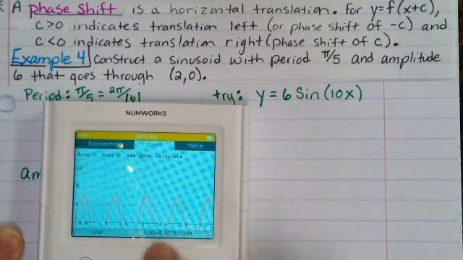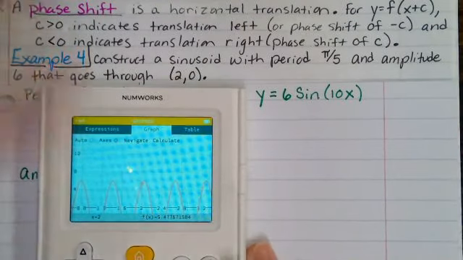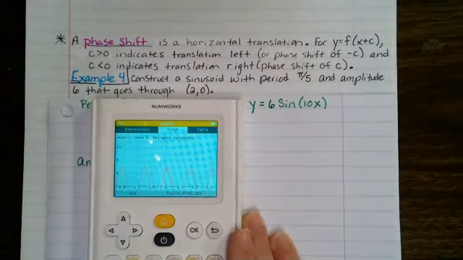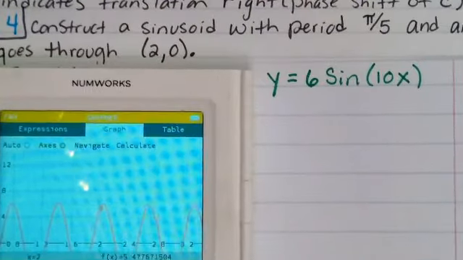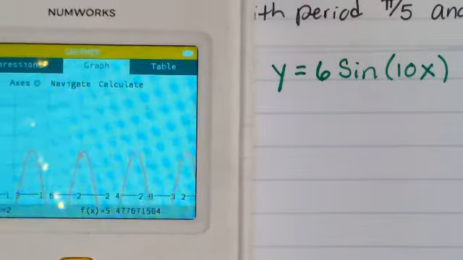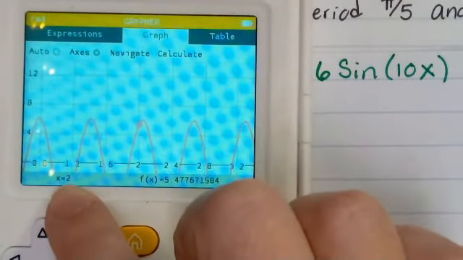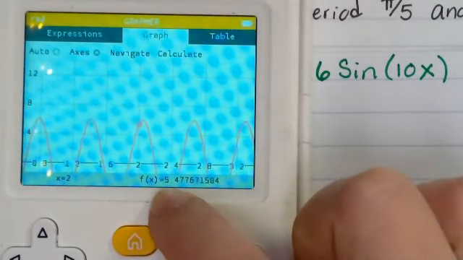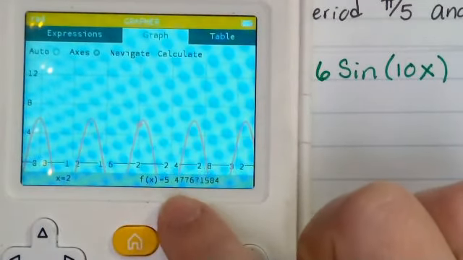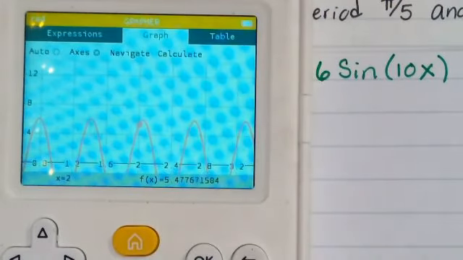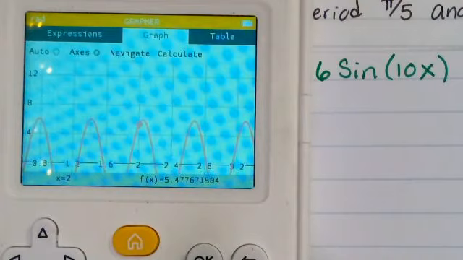When x is 2, my y... I don't know if y'all can see this. I know it's really zoomed out. These calculators don't always show up super well on the screen. When I plugged that in and looked at where x was 2, this y value is like 5.47767. Not 0, so something's not quite right with what we have.